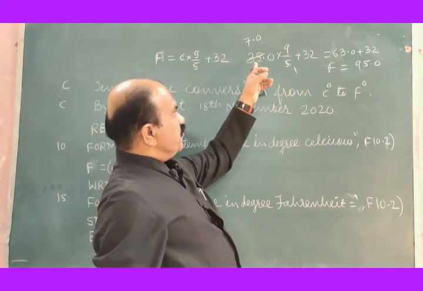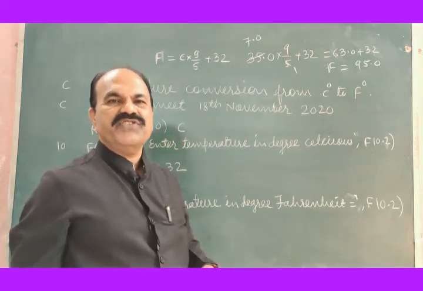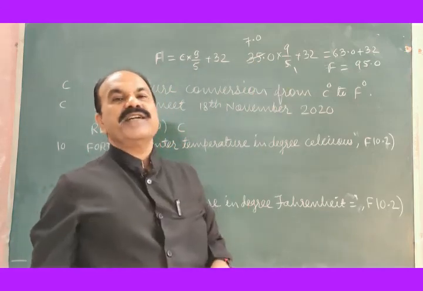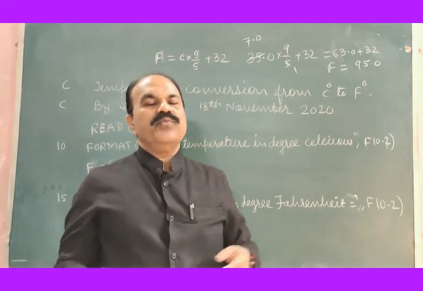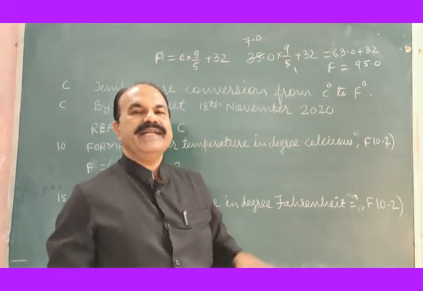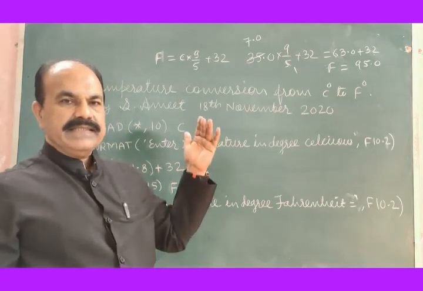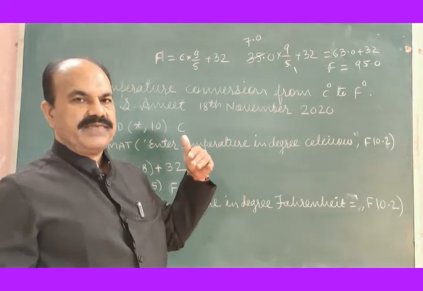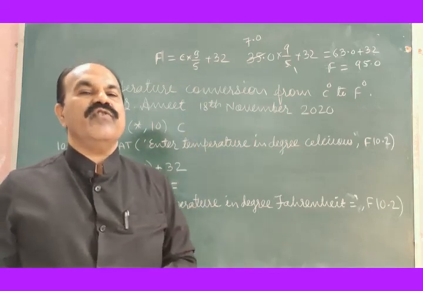It is not necessary to provide this value only, you can provide any value according to your wish. You will get the corresponding value of temperature in degree Fahrenheit. Hope you understood this style of Fortran program and simple program, giving us more idea about the style of a Fortran program.